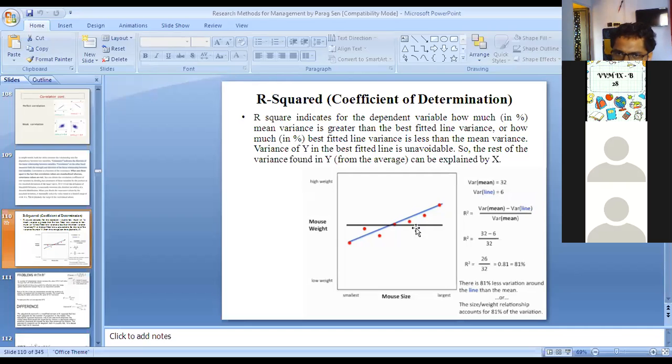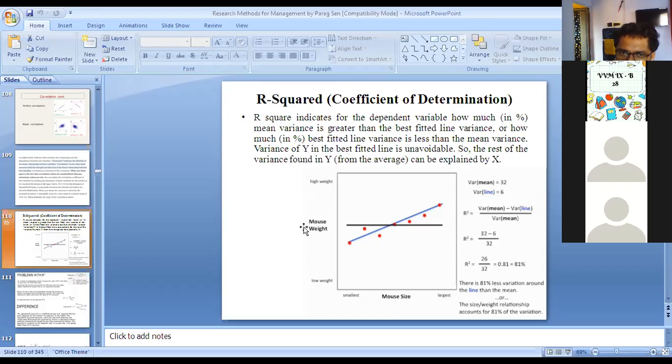So here you are considering common plus uncommon, and here you are considering only the uncommon, because there is only uncommon, it represents the uncommon variance. So common plus uncommon minus uncommon: common variance plus uncommon variance, minus uncommon variance.